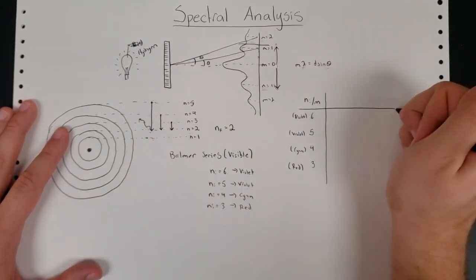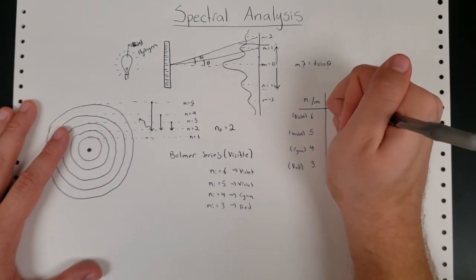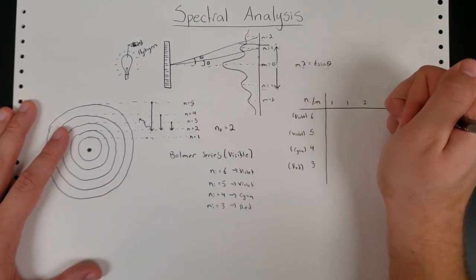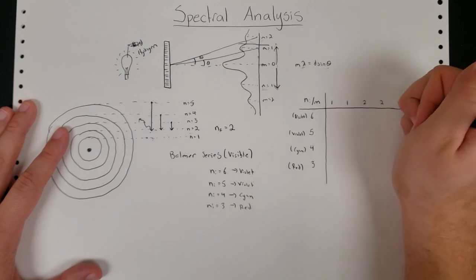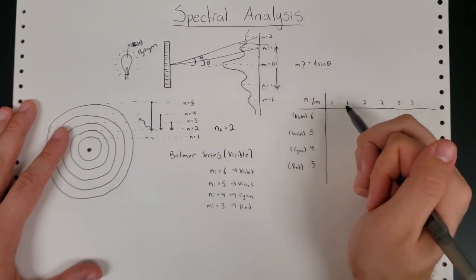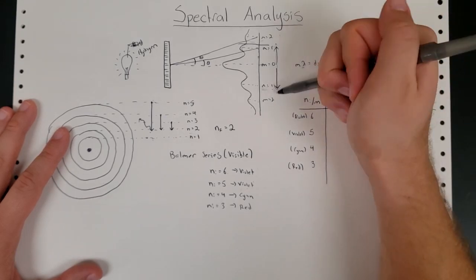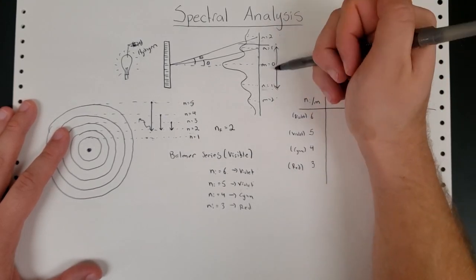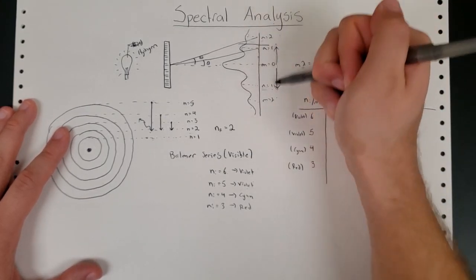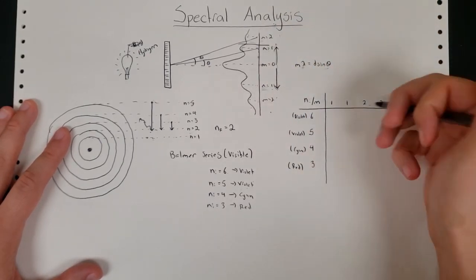And then going across this way, we'll have our diffraction order. So we'll have two, one in one direction and the other in the other direction. So we'll have two first order diffractions like this one and this one. Then we'll have two second order diffractions, and then two third order diffractions, which I don't have drawn here, but you can imagine there just being another peak further out on either side, right?